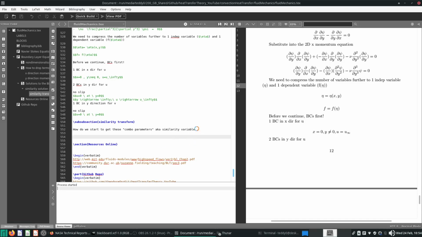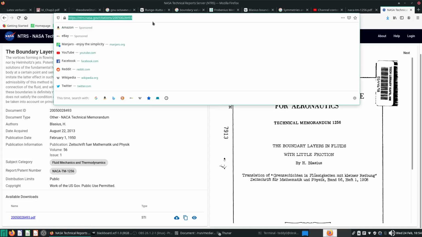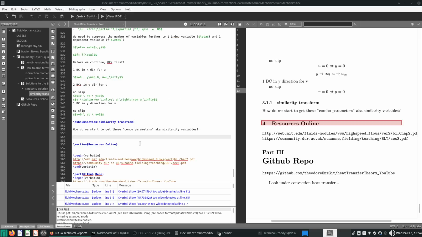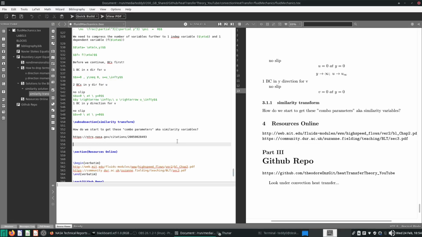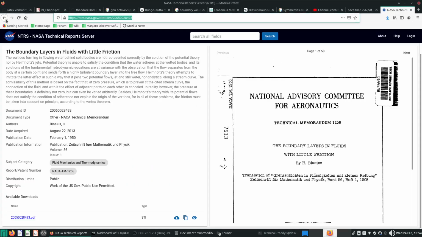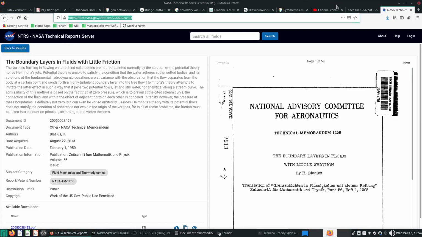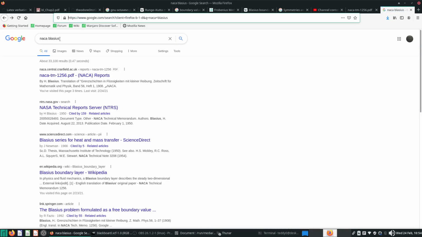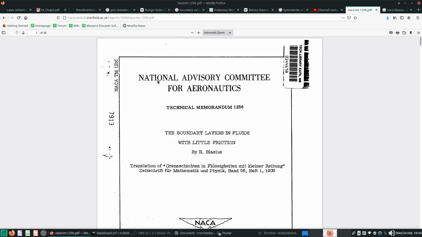I want to refer you to Blasius's original paper. Well, it's not exactly the original paper. You can just search NACA Blasius online. You will see that it's available on NASA, from the National Advisory Committee for Aeronautics.